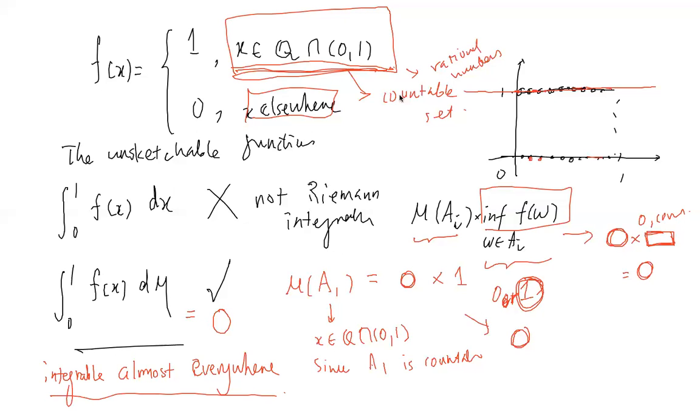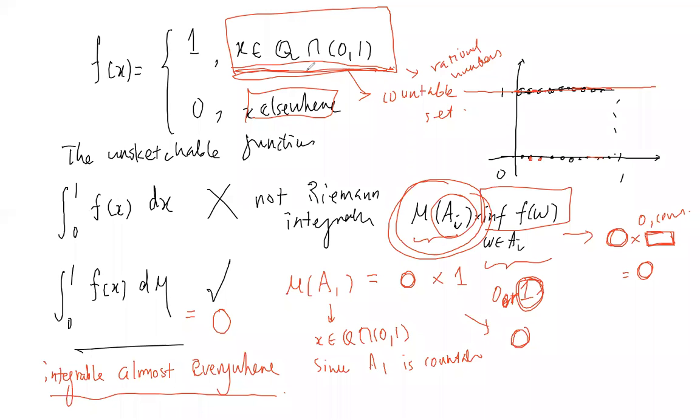But first, before that, are you okay with this explanation? Why the Lebesgue integral of this function here is equal to 0? You can see the main power of the Lebesgue integral comes from the measure of the set.